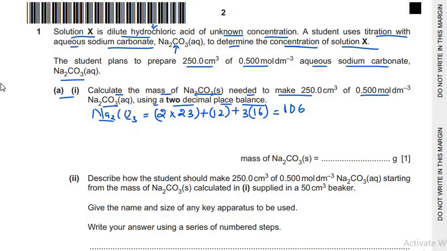Now the simplest way to calculate the mass is this: if we want to prepare 1 mole per dm³ solution in 1000 cm³, then we use this Mr, that is 106. So if we want to prepare a concentration of 0.50 multiplied by the volume, that is 250 cm³, how much mass will we use?